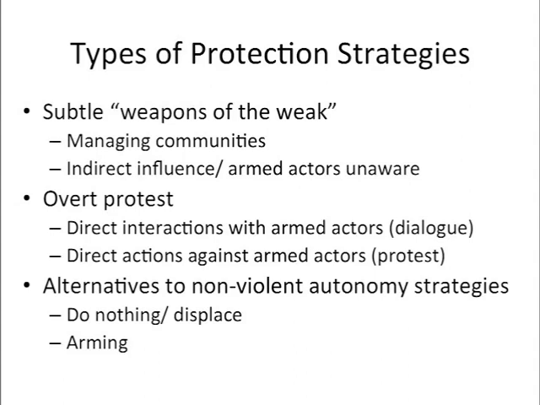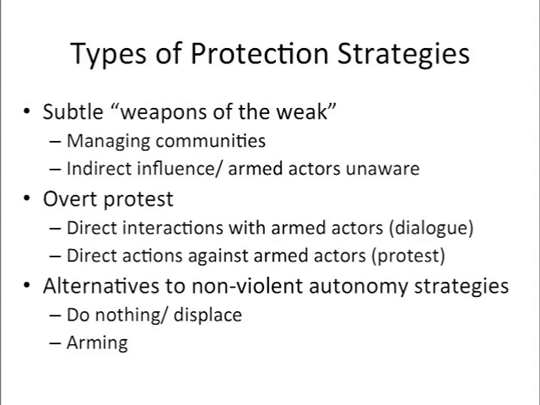Oftentimes this is in fact the safest option, and we see that there of course has been massive displacement during armed conflicts around the world. So this is quite a common strategy, but for our purposes the question is, what can civilians do to avoid that kind of outcome and not displace, and actually stay in their homes and stay safe?